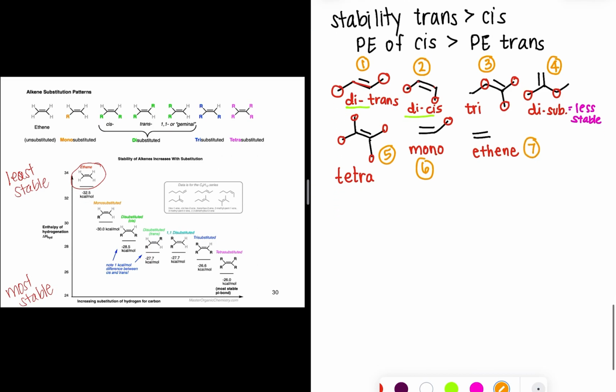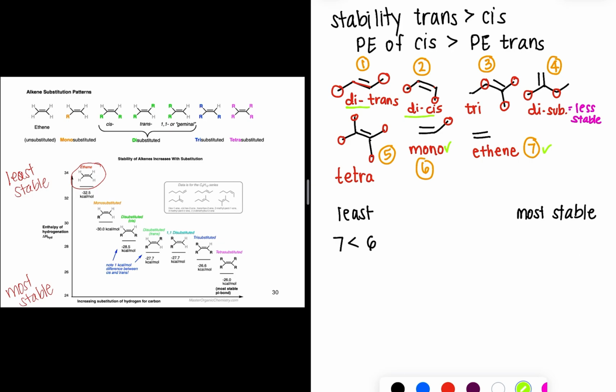I'm going to put them in order from least to most stable. The ethene, number 7, is the least stable. That's less stable than the mono-substituted one, number 6. Then we're moving to the di-substituted.